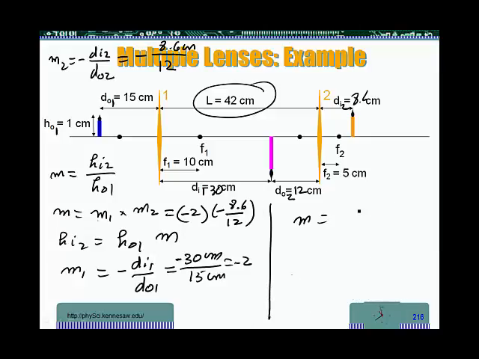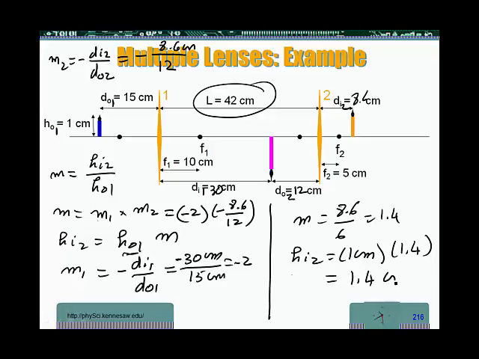So my M is going to be 8.6 over 6, about 1.4. Then we find HI2: HO1 is 1 centimeter, times 1.4, so we come up with 1.4 centimeters. Okay, wonderful.